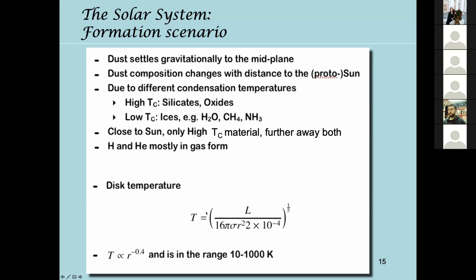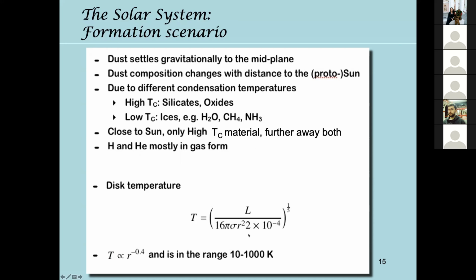To understand this, if you know the condensation temperatures of the various volatiles, you can use the temperature profile, which is a simplified way to describe the temperature of a disk, just considering that the disk is heated by the central star.